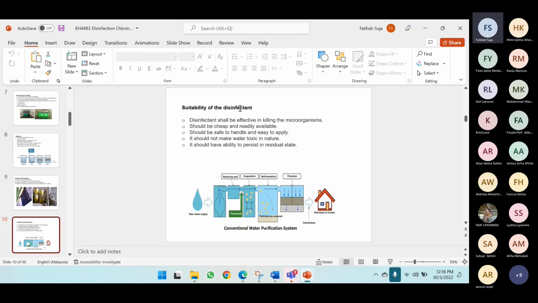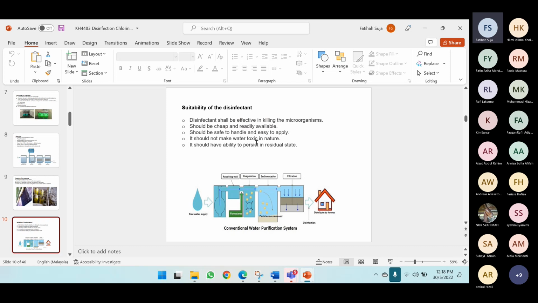Suitability of the disinfectant. What type of disinfectant is suitable for your treatment? So you need to know what the criteria are when you want to choose the type of disinfectant treatment for your water supply system. Disinfectant shall be effective in killing the microorganisms, should be cheap and readily available. Okay, this is very important. Should be safe to handle and easy to apply.